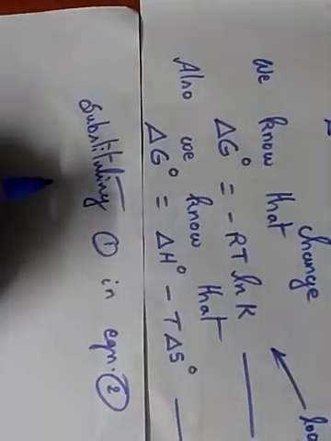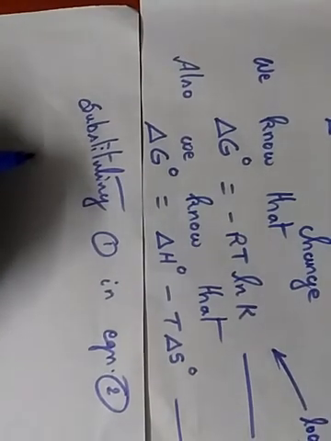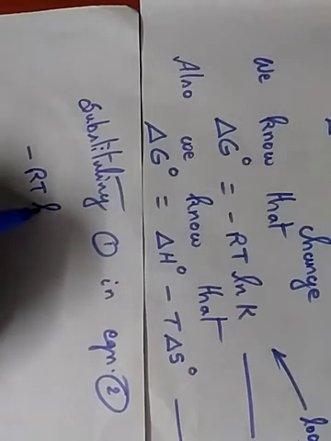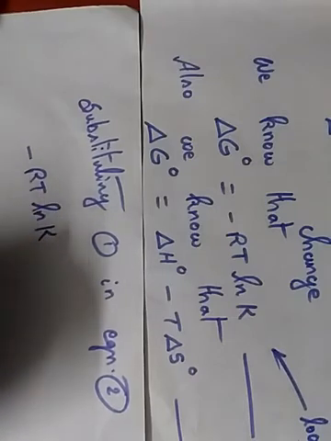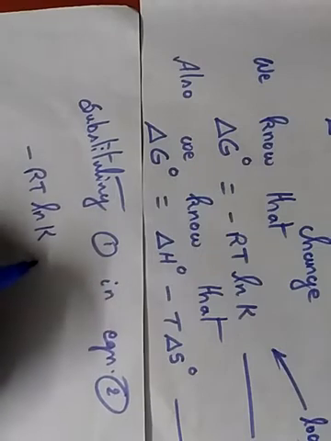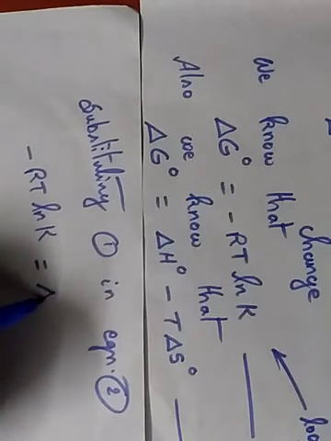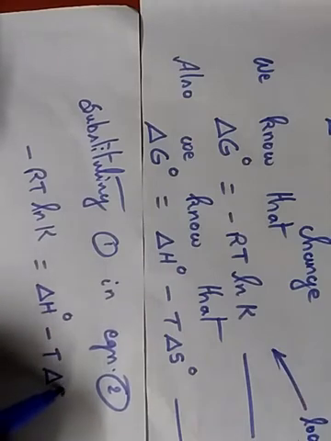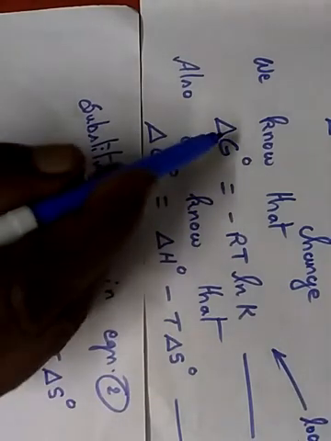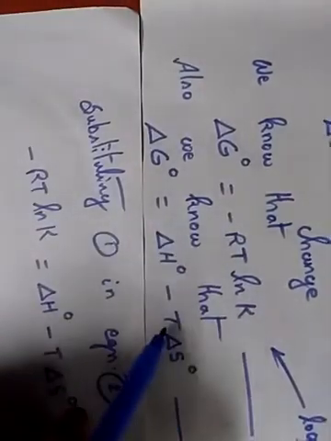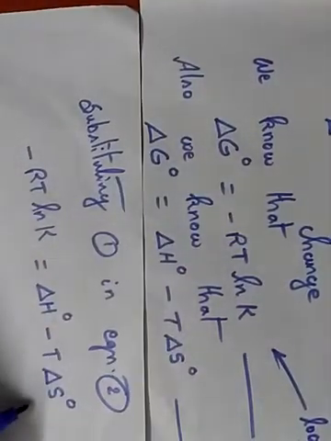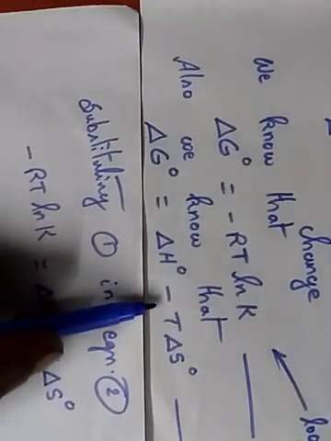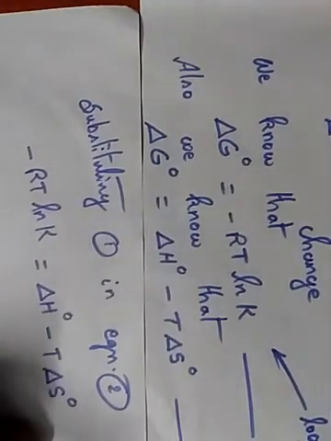So we will be getting minus RT ln K, where ln means log with base e, is equal to del H naught minus T del S naught. Since the left hand side is equal, we can equate the right hand side. That's what I have done here. Minus RT ln K should be equal to del H naught minus T del S naught. This is the first step.